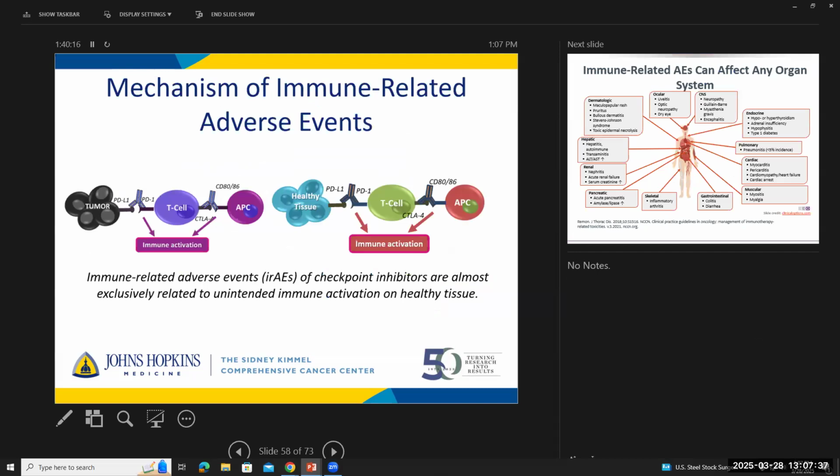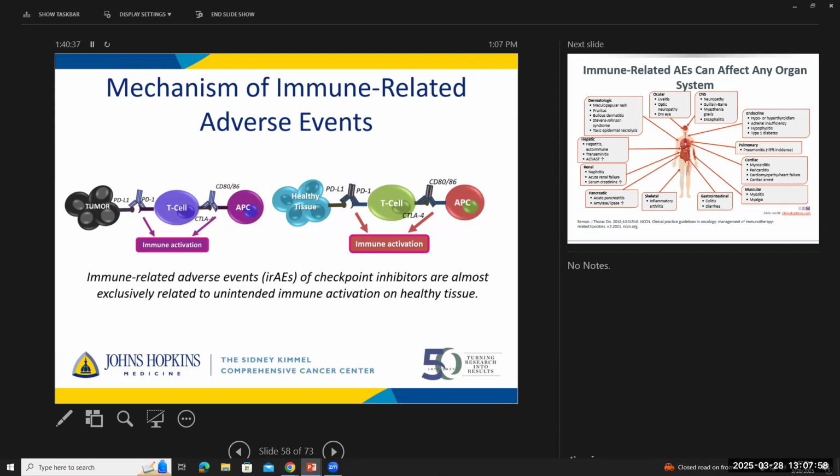So when we do this, we can usually restore the response that the immune system has to the cancer, which is a good thing. But we aren't able to refine that response just to the area of the cancer, okay? We globally take the brakes off the immune system.